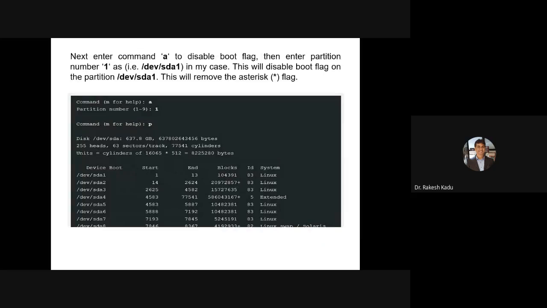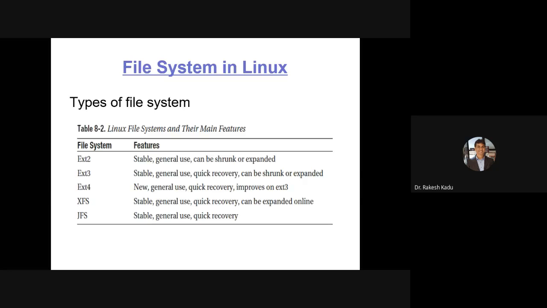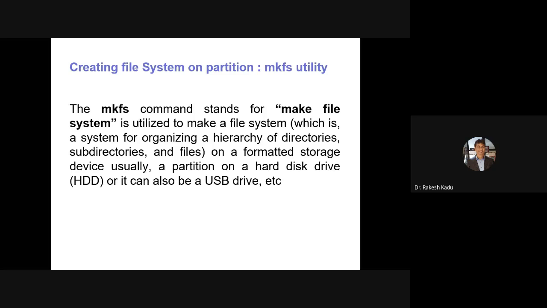We have also created a file system using the mkfs command, that is, formatting a partition. There are different file systems available, and we can create any of them on the created partition using the mkfs utility.